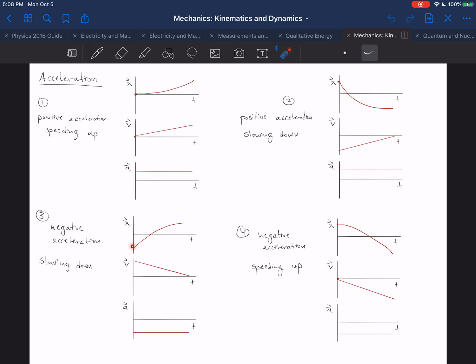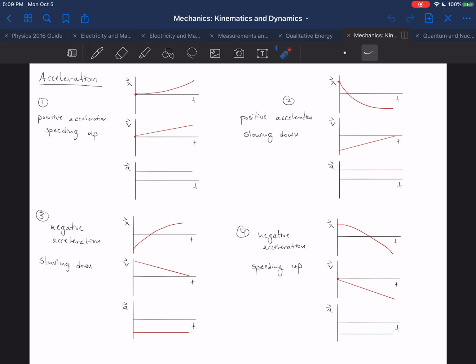You could have a constant negative acceleration that slowed down at first, eventually came to a stop, and then kept going. If this velocity time graph kept going through that t-axis, you could maintain a negative acceleration while slowing down in the positive direction and then speeding up in the negative direction.